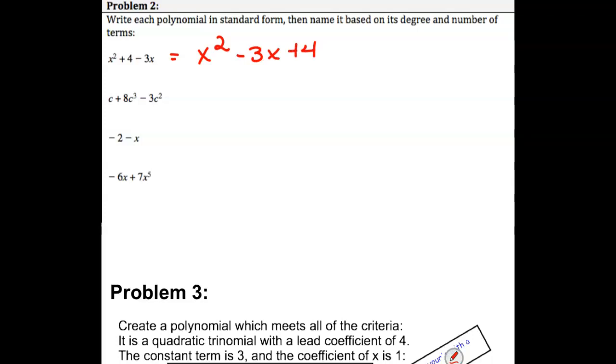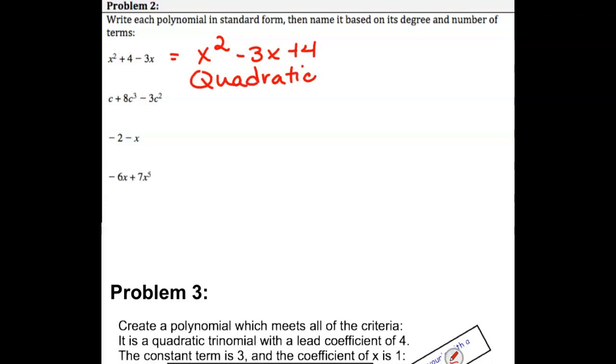Now to classify it, there's 2 different classifications. One based on number of terms, one based on degree. Typically the degree is given first. So this is degree 2. What was degree 2 called? Quadratic. So this is a quadratic.